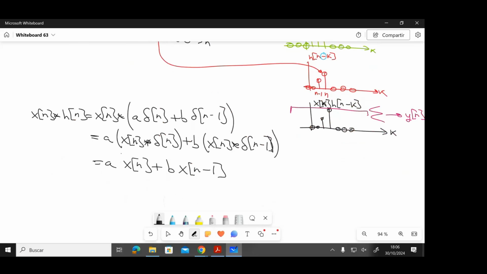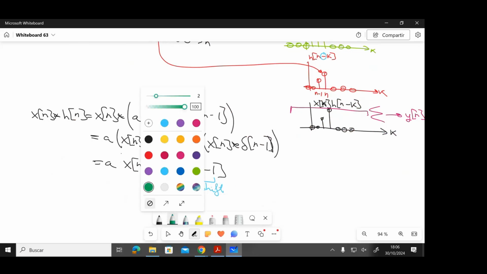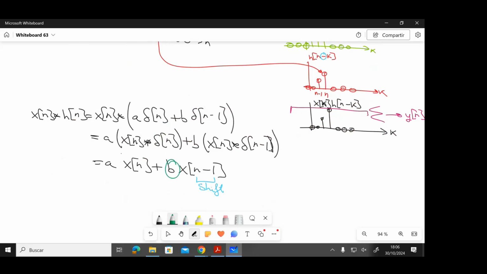So what you have to do is shift and multiply, and then add to other signals that are also being shifted and multiplied.